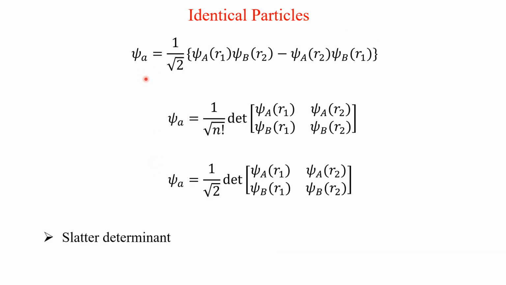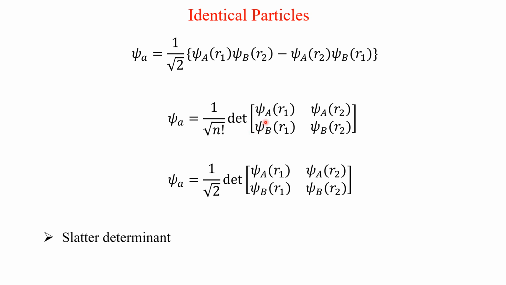Just now we have seen that the anti-symmetric wave function can be written in summation form. The same thing we can write as the determinant of a matrix. Here psi sub A, that is the total wave function for the anti-symmetric case, is equal to 1 over square root of n factorial. Here we have taken a two-particle system, so 2 factorial is 2.